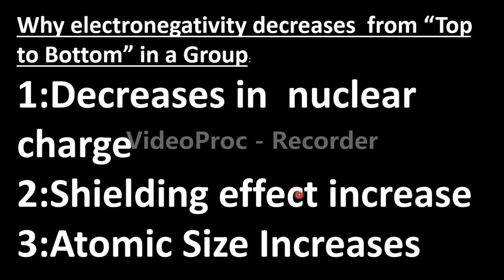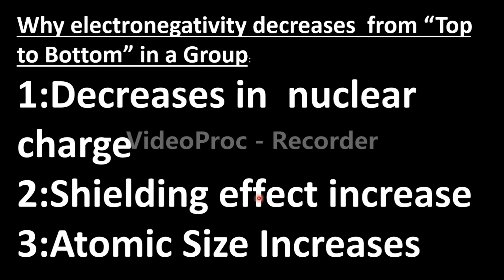I will discuss the shielding effect in the next video, but here I give a brief summary. The shielding effect is basically the decrease in the force of attraction between the nucleus and the valence shell electron. Understand? So when there is a decrease in the nuclear charge, moving from top to bottom in the group, the hold of the nucleus on the valence shell electron starts decreasing.